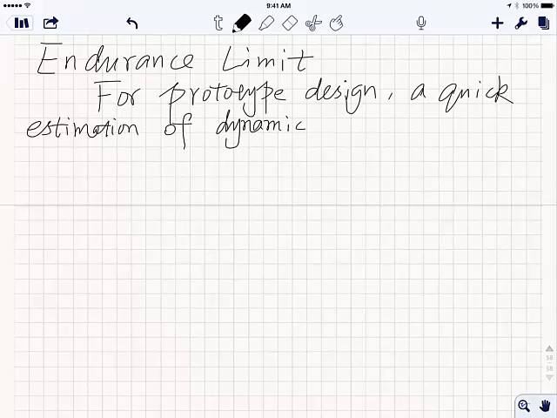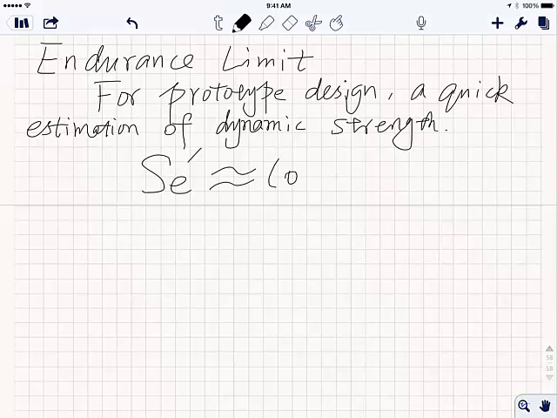Okay, so for most of the structural materials, either aluminum alloys or stainless steel or titanium alloys you like to use, most of the time this endurance limit, SE prime, is roughly equal to 0.4 to 0.6 times ultimate tensile strength, right? So in other words, it's equal to about 40% to 60% of the tensile strength on a static loading condition, right?